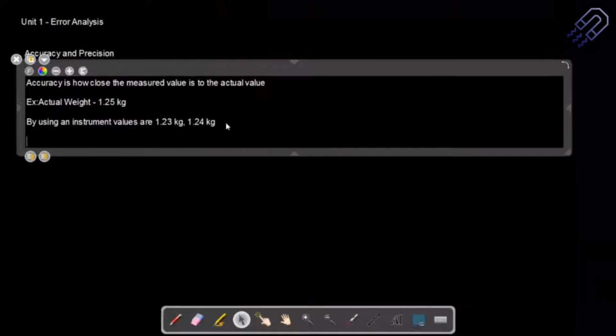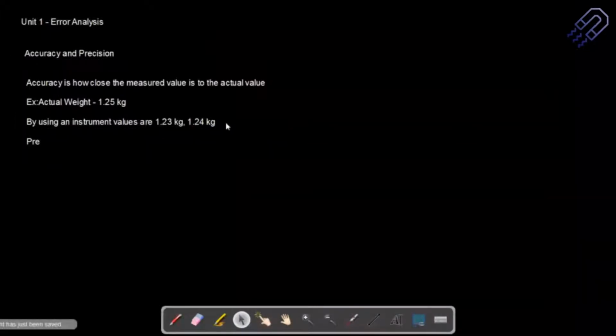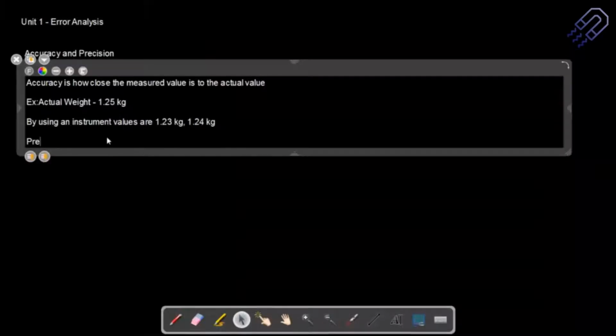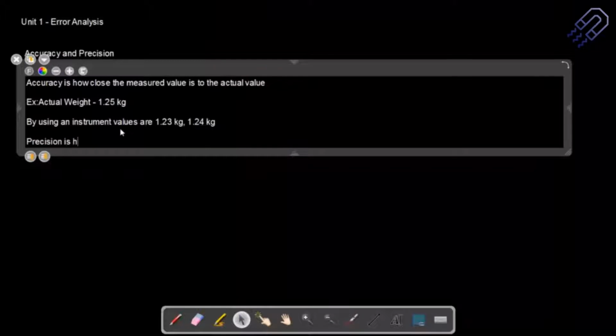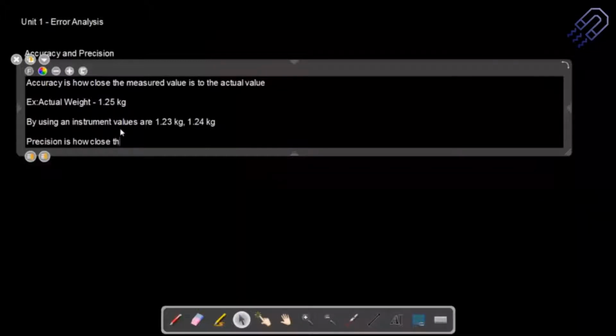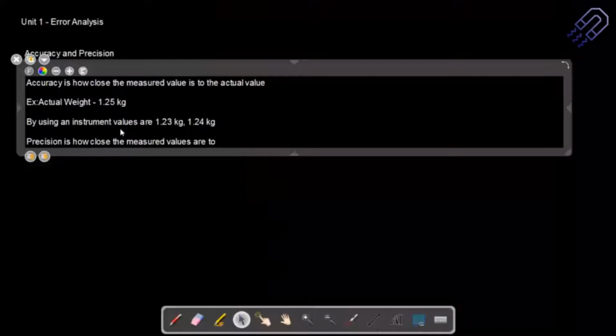And I think precision, you can guess, precision is how close the measured values are to each other. So how close the values are to each other is something which is called precision, okay?